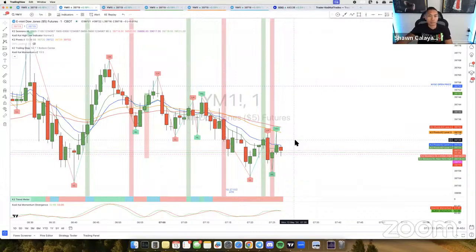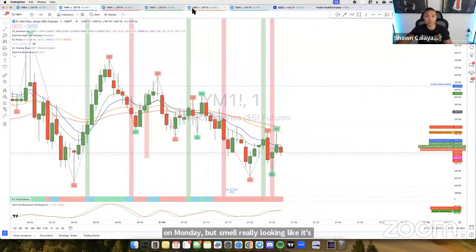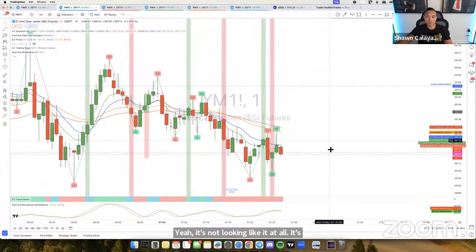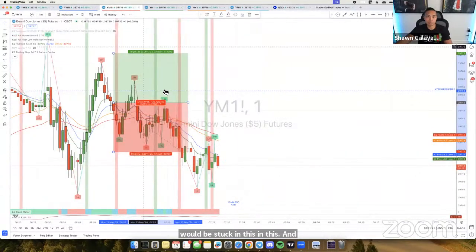Ah man, I was hoping we'd get some volatility here on Monday, but it's not looking like it at all. It's just too slow. You can't really take anything here. Even if you wanted to take something, you'd kind of be stuck in the consolidation here. Like this PRV took forever to hit, guys.